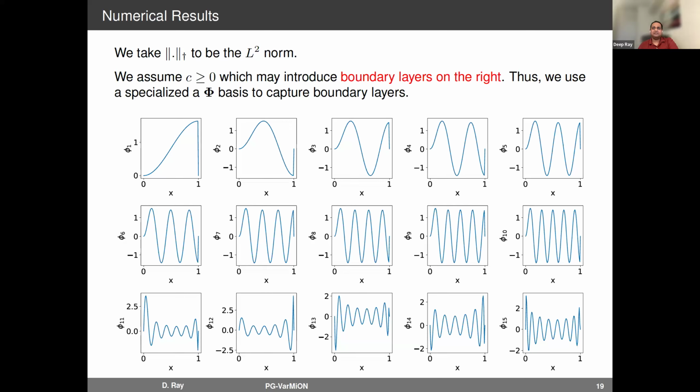You pick that as your phi and you move on. That's a very simple problem to solve. It's not very hard to find these phi's. You can use those phi's and work with them, and they're able to capture features such as boundary layers quite accurately. In fact, we have a 2D problem that will appear in an updated manuscript very soon. We use that approach and it works quite well.